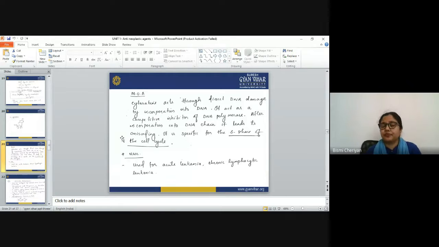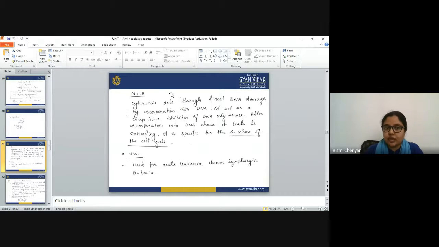Let's see the mechanism of action of this cytarabine. So this cytarabine acts to directly damage DNA by incorporation into the DNA. So what is the mechanism of action of antimetabolites? Some drugs are directly incorporated into the DNA or RNA.